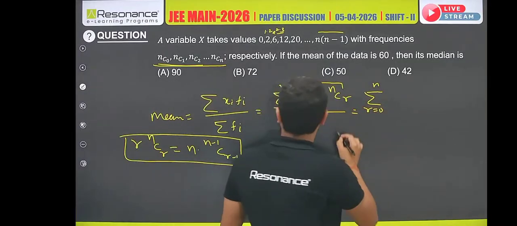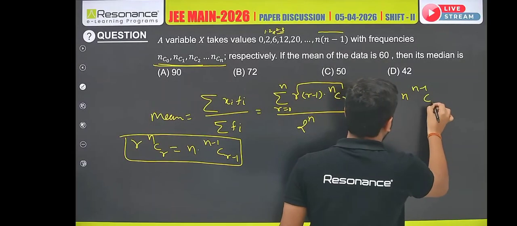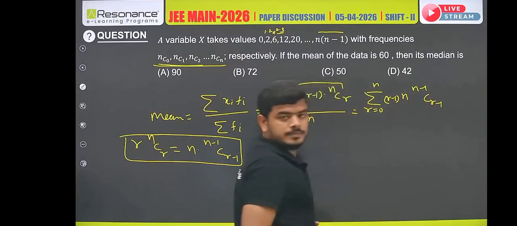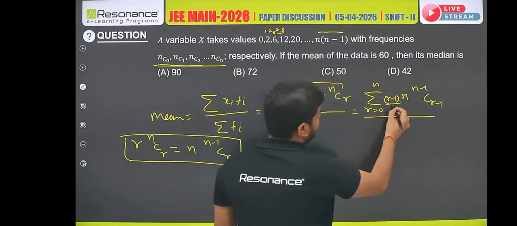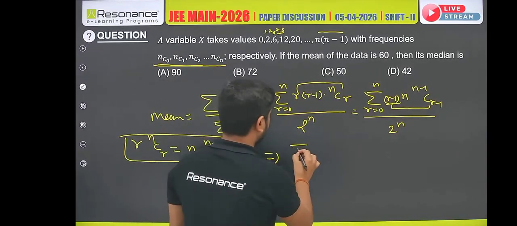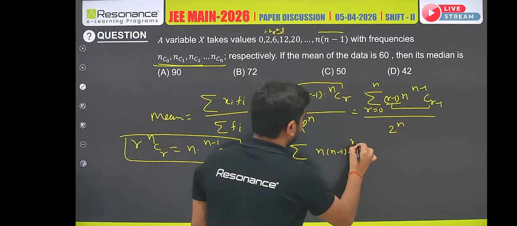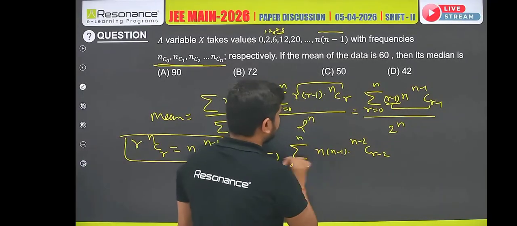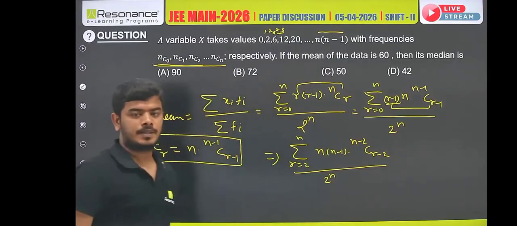If you write r·nCr as n times (n−1)C(r−1), and one more (r−1) is remaining, whole divided by 2 to the power n. Again (r−1)·(n−1)C(r−1) will become n(n−1)(n−2)C(r−2), the summation r equal to 2 to n, whole divided by 2 to the power n.